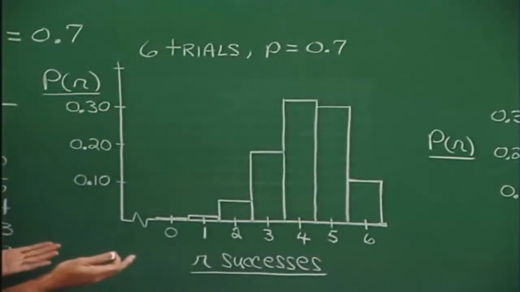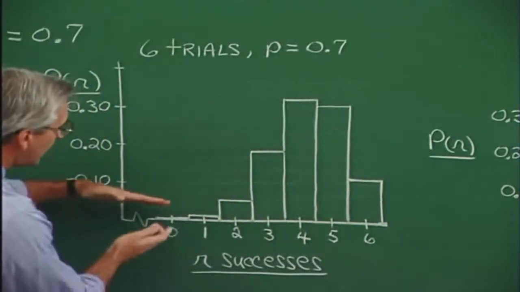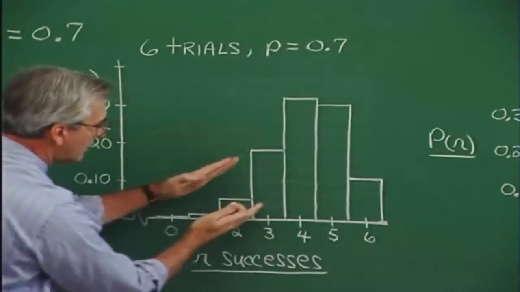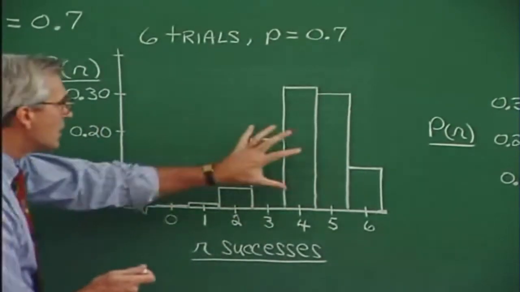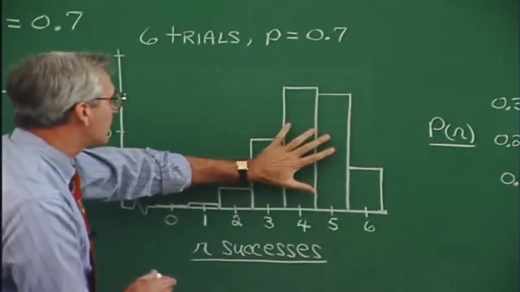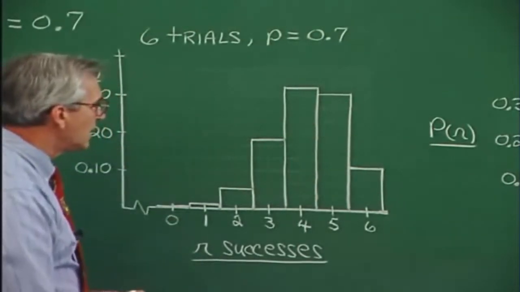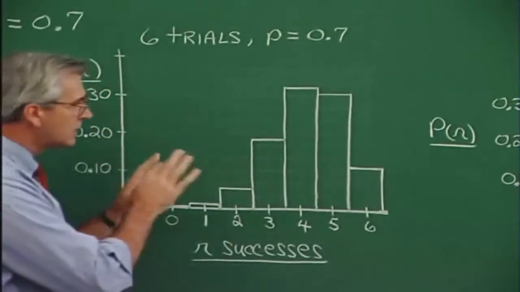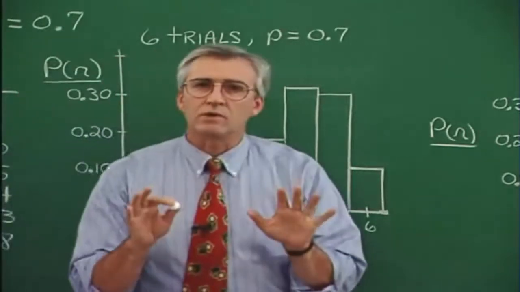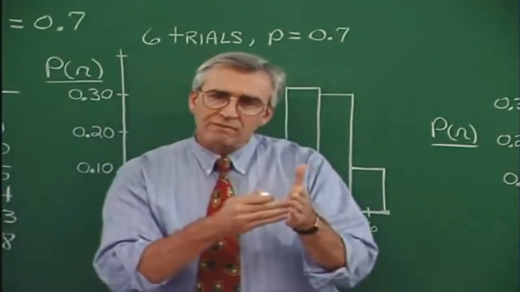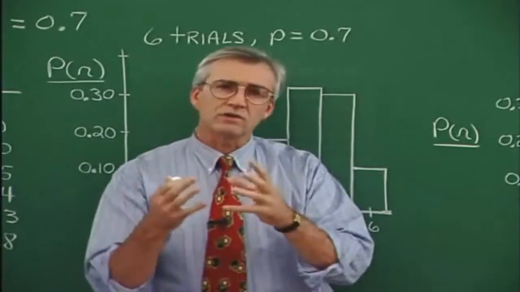Notice that we have a graph that is skewed to the left. We have this smaller tail portion over here to the left, and the meat and potatoes of the graph are over here to the right. This is the kind of pattern that will emerge as the p-value gets larger and larger.